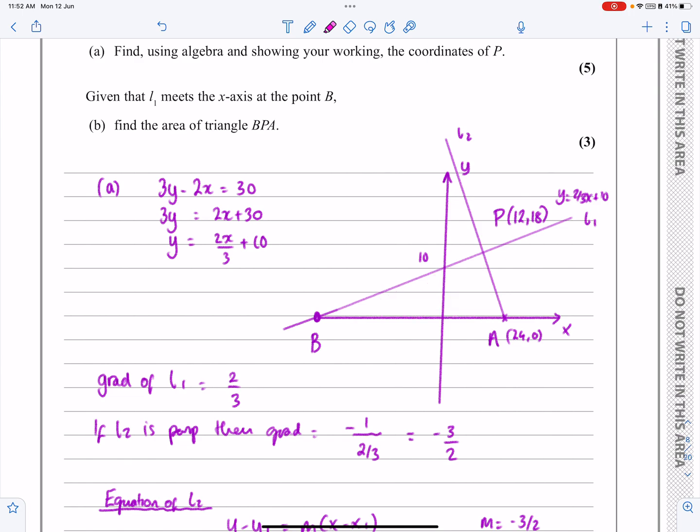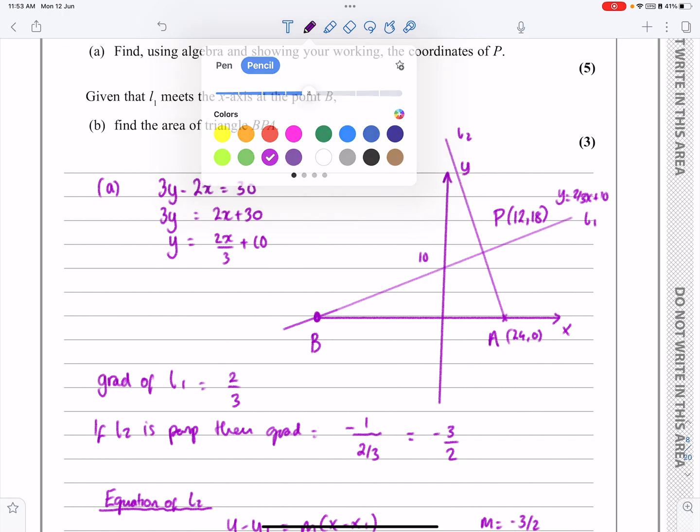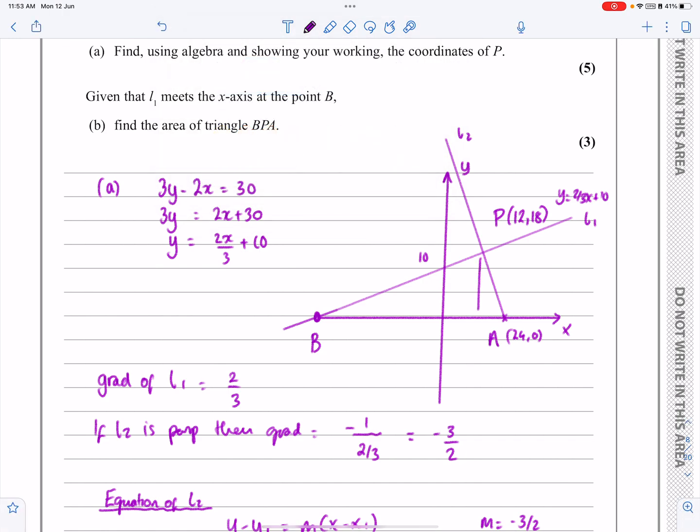So this diagram is absolutely invaluable to me now to be able to work out the area of this triangle. If I want to try and work this out, it's just going to be half base times height. If I call that the height, well, I already know what that value is because the coordinates are (12, 18).